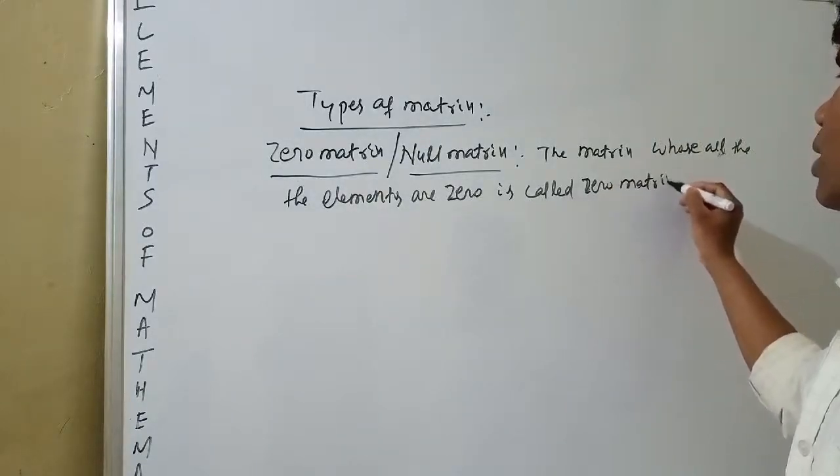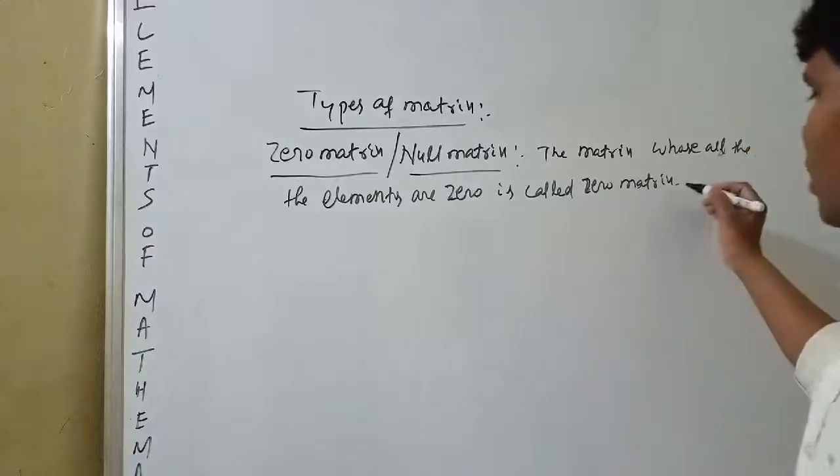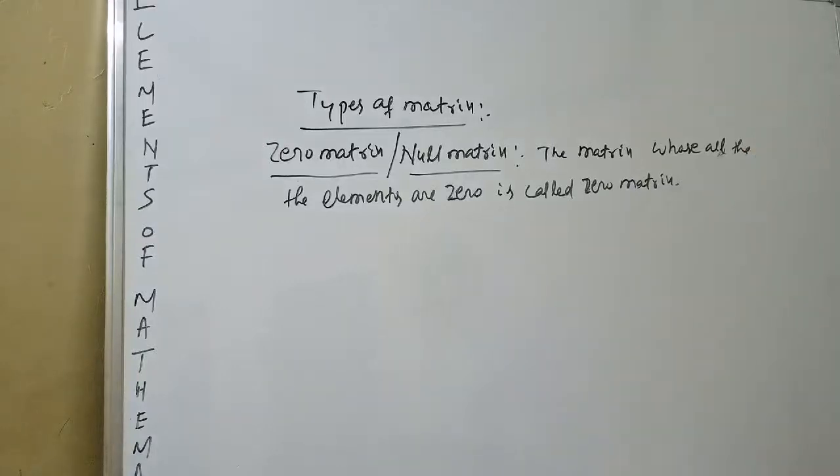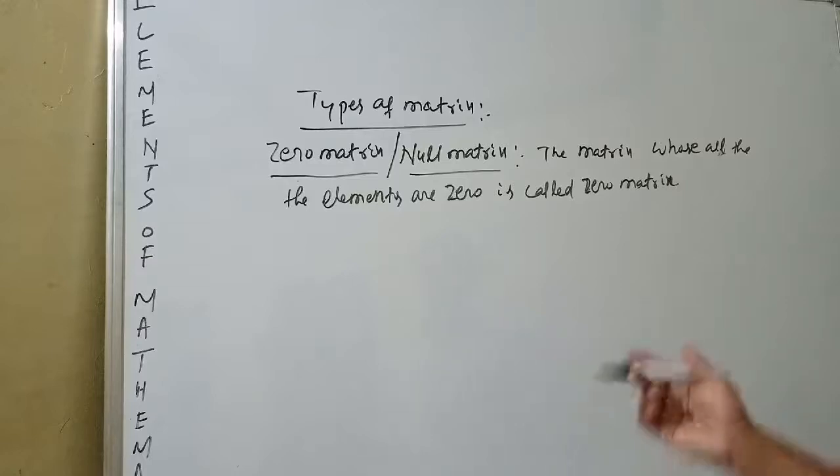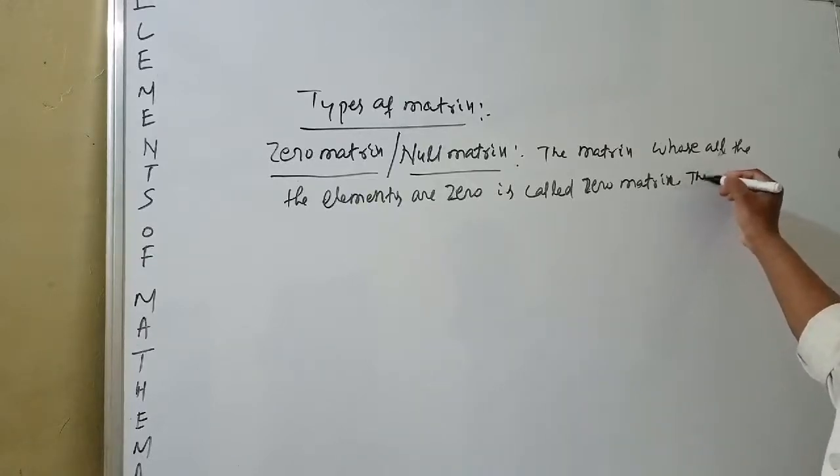That means, what is the order of the zero matrix? Any order.